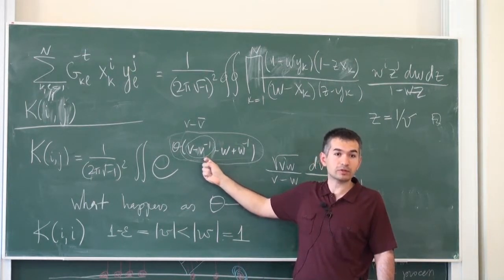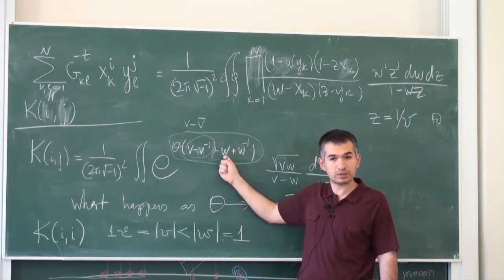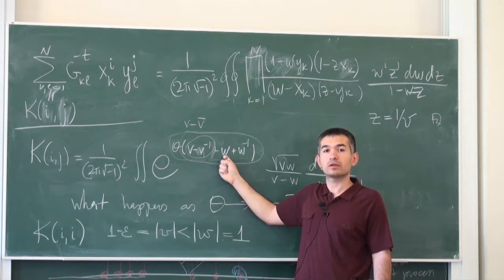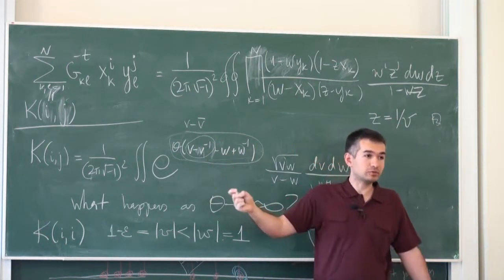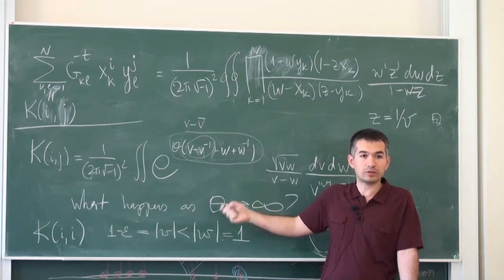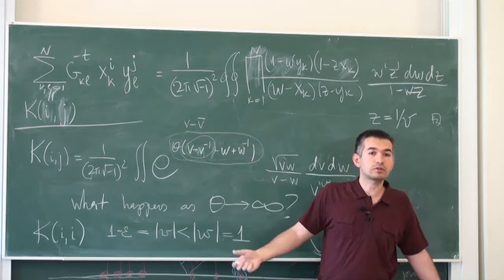So it's going to kill my integral. If I manage to deform my contours in such a way that the exponent here is negative in the real part, the integral is 0. Now, hopefully I won't be able to do that, because if I'm able to do that, my correlation kernel is 0, which is nonsense. So there may be some obstacles along the way. We'll see.